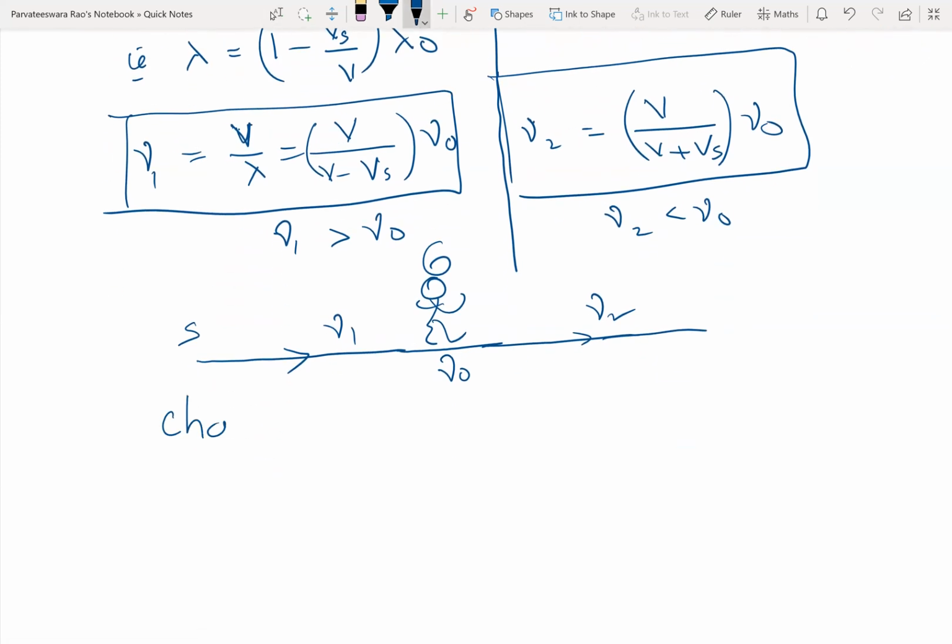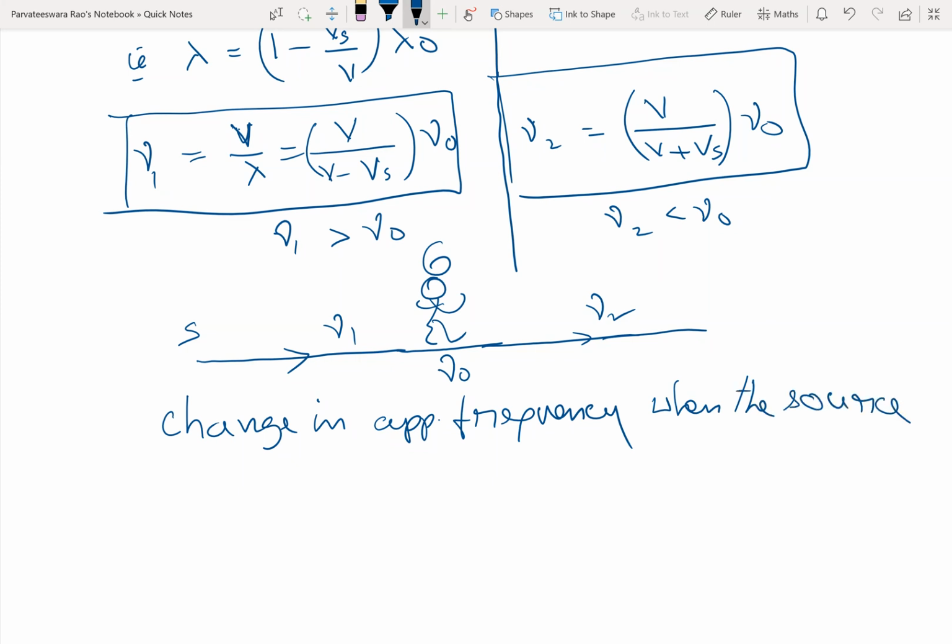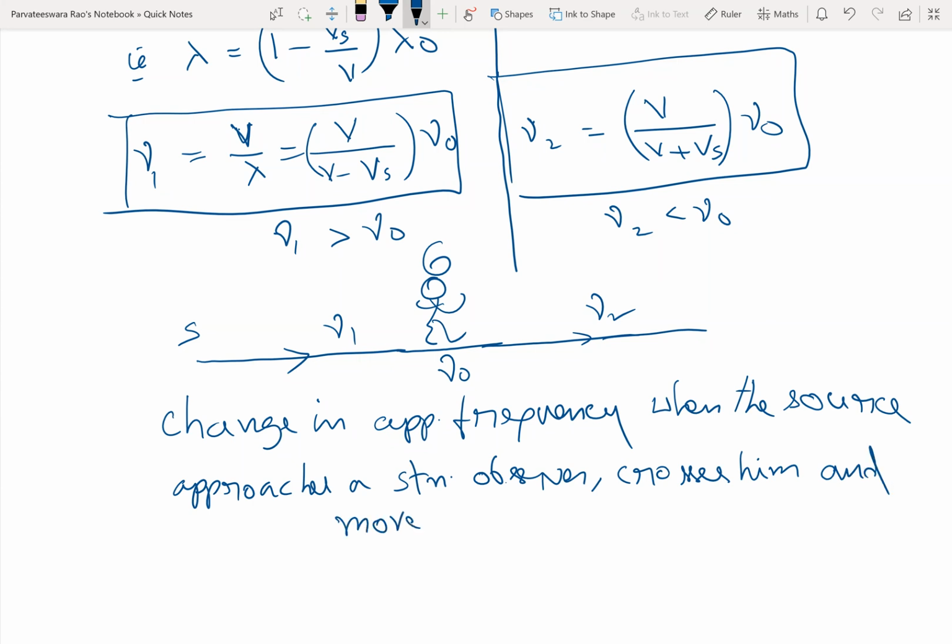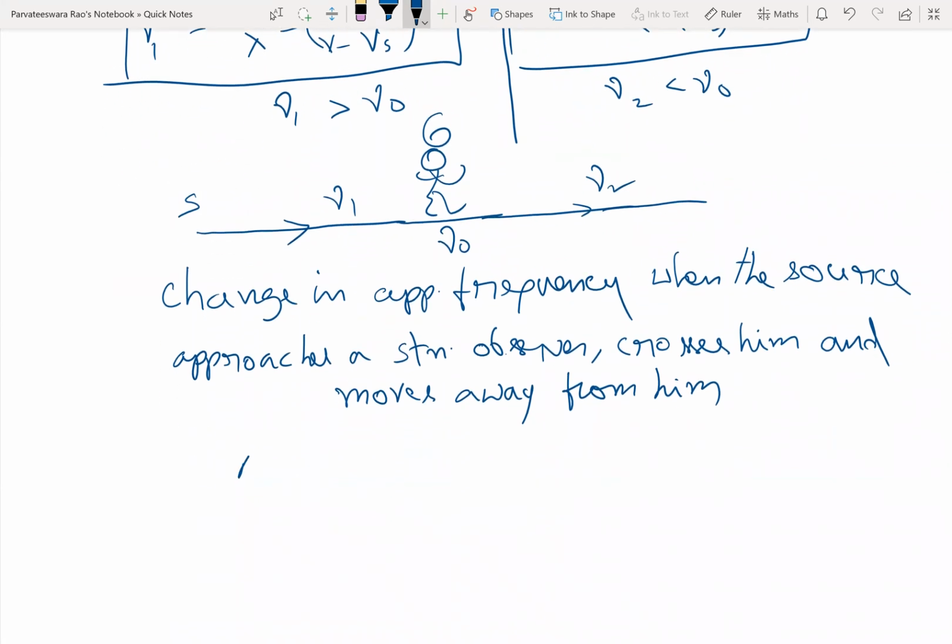So the change in apparent frequency when the source approaches a stationary observer, crosses him and moves away from him is delta nu equal to nu1 minus nu2.